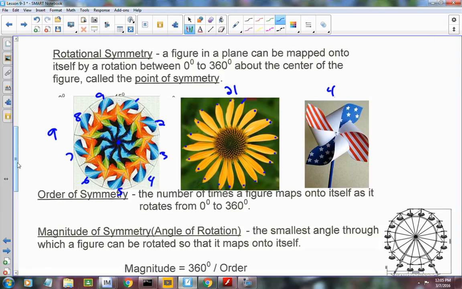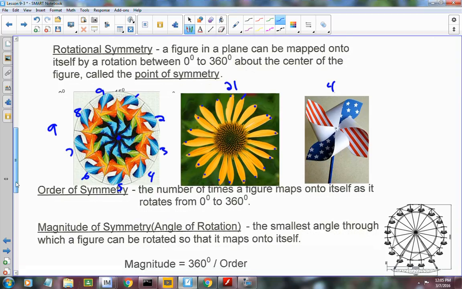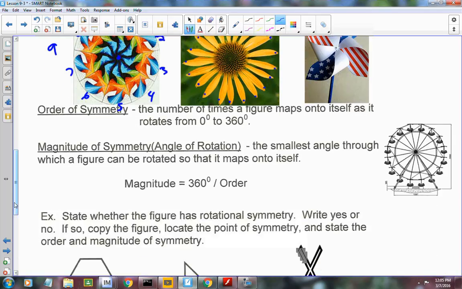Now, the angle at which it rotates is called the magnitude of symmetry. To find that, you take 360, because there are 360 degrees in a circle, and divide it by the order. So if we come over here to this Ferris wheel, I first need to know the order. We can start there with 1, 2, 3, 4, 5, 6, 7, 8, 9, 10, 11, 12, 13, 14, 15, 16.